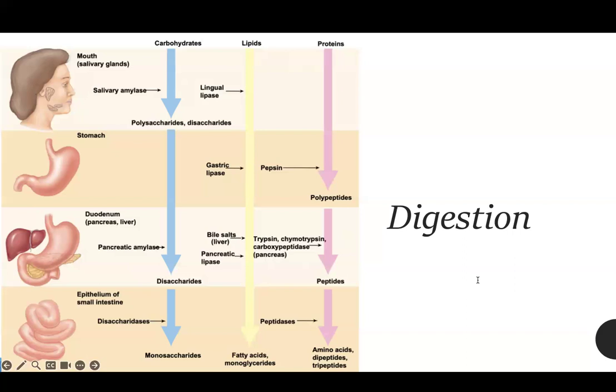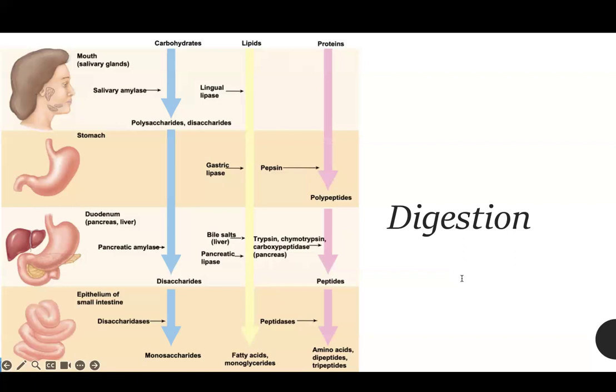So all these enzymes are released. For example, in our salivary glands, we have amylase, which breaks down a polysaccharide in our mouth into smaller molecules. And then those smaller polysaccharides travel to the stomach, and with the help of pancreatic fluid, they get broken down into disaccharides. And then in the small intestine, they get broken down into monosaccharides.